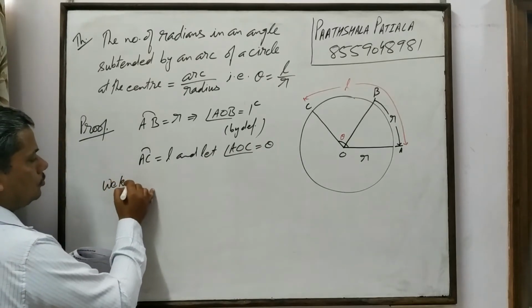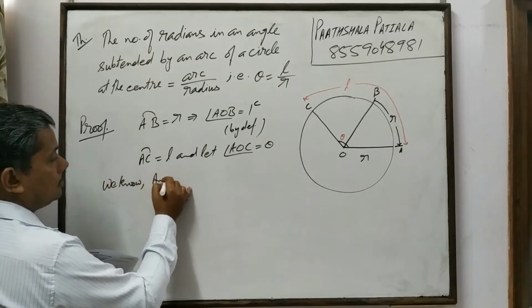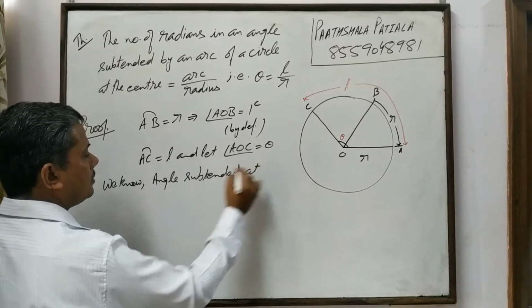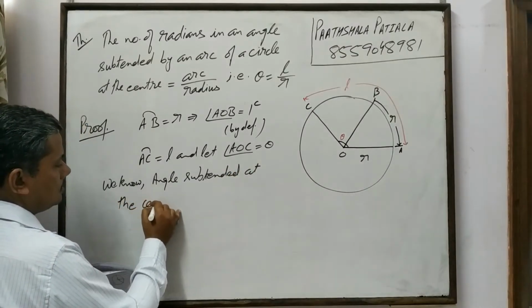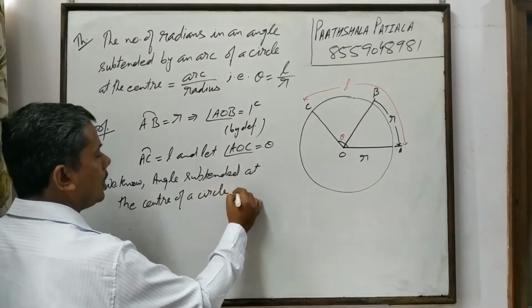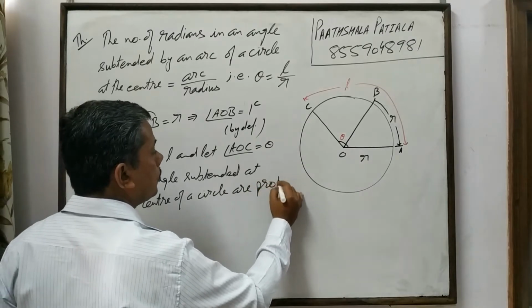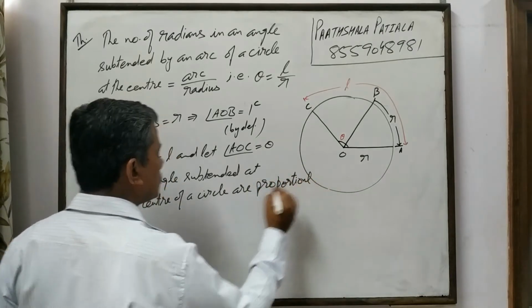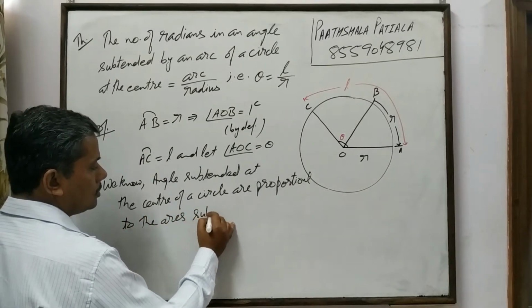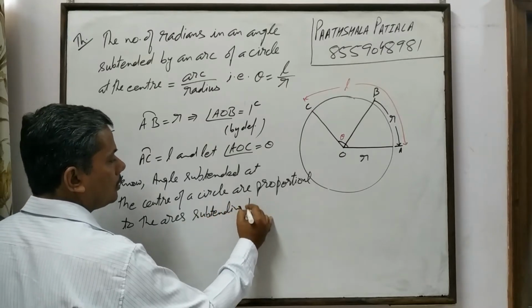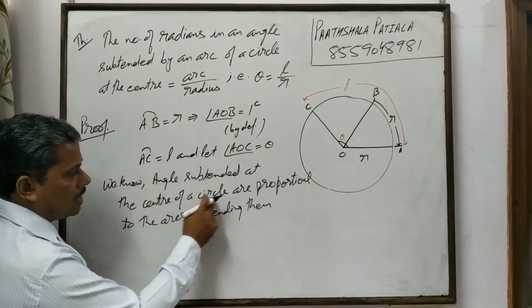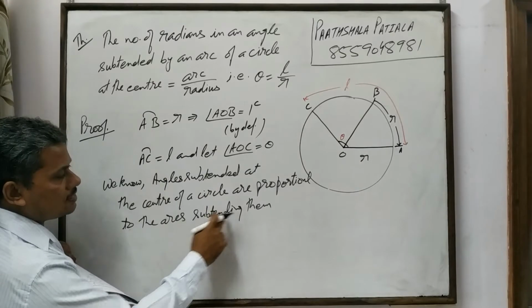Now we know angles subtended at the center of a circle are proportional to the arcs subtending them.